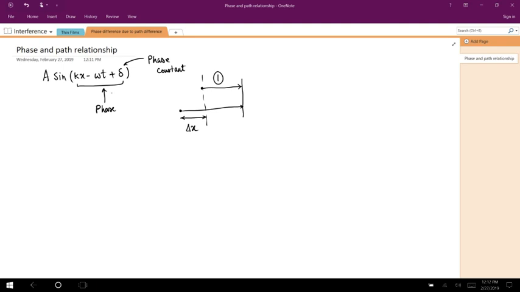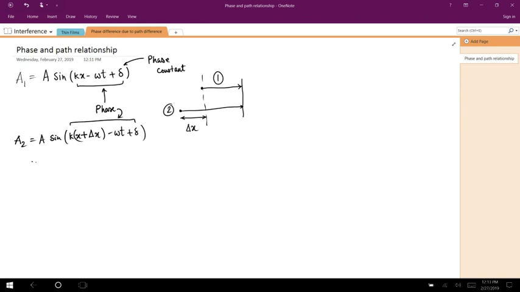For the first one, let's call this A1 is this. So for number 2, A2, I'd have to write A sine kx, but now this ray of light has traveled an additional delta x distance, so it's k(x plus delta x) minus omega t plus delta. Okay, so this full quantity is now the phase, right?